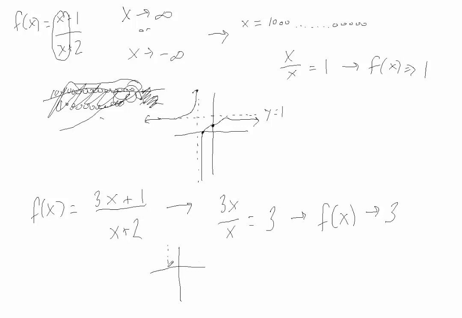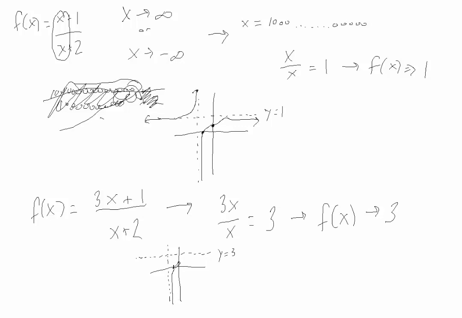So this graph will look, again, we've got -2 as our vertical asymptote. We're saying the horizontal asymptote is y equals 3. When x equals 0, the function equals 1/2. The top will equal 0 at -1/3.